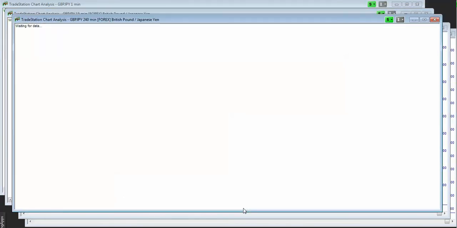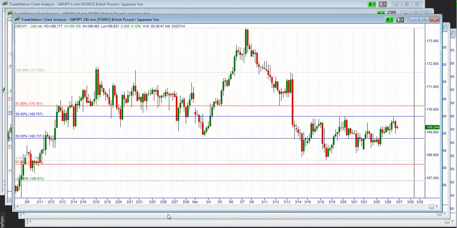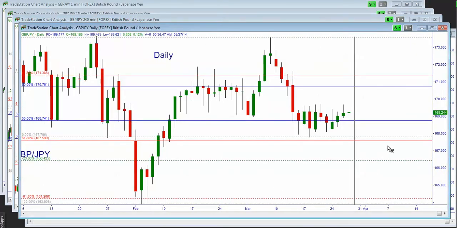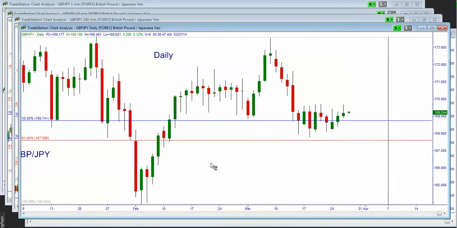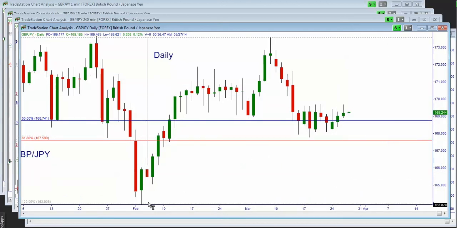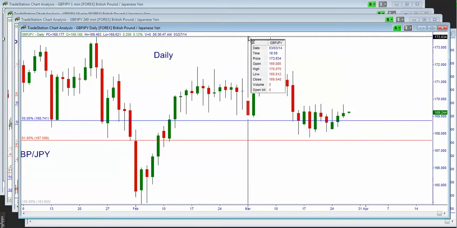Finally, pound versus Japanese yen. Here the situation is similar. We have a support, and this time the support is a proper support because it traced from lows to highs here.